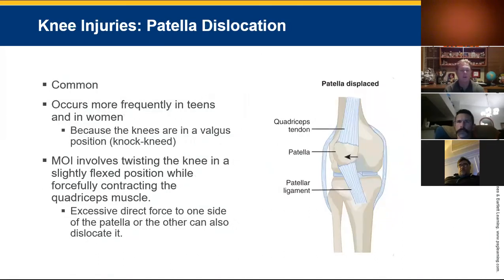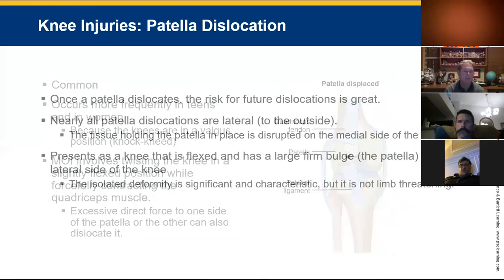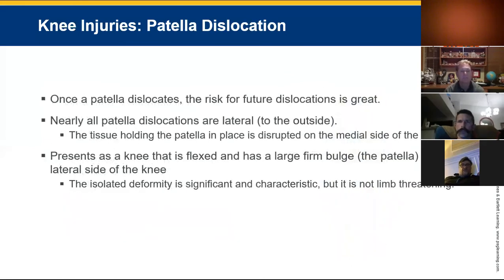Just know that the kneecap, the patella, can become displaced, and that whole patellar ligament can tear and pop out. So again, until we get the proper training, we're not going to pop it back into place, although it is one of the easier ones to pop in.